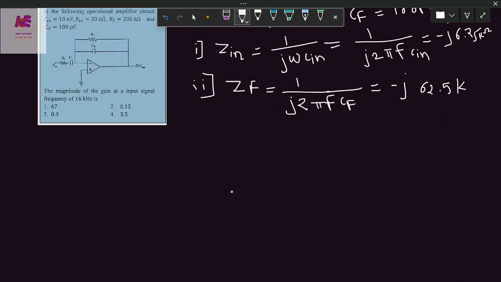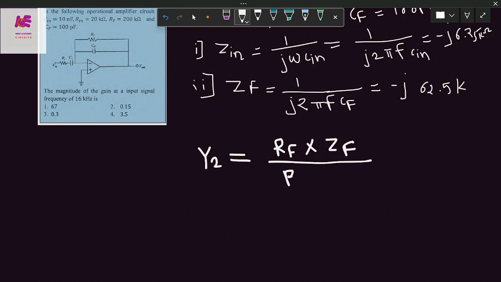We know that the gain of the inverting amplifier is the feedback resistor divided by the input resistor. So I consider the feedback impedance first, say Z2, which is equal to the parallel combination of the feedback resistor and feedback reactance. So I'm taking the parallel combination, RF times ZF divided by RF plus ZF.